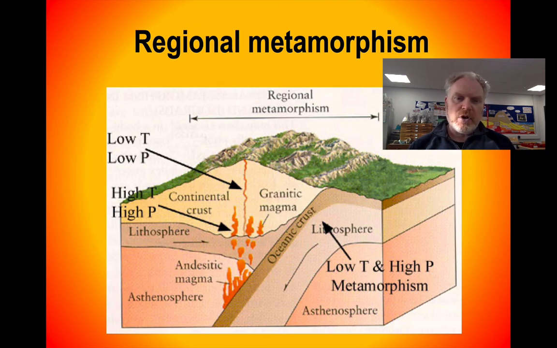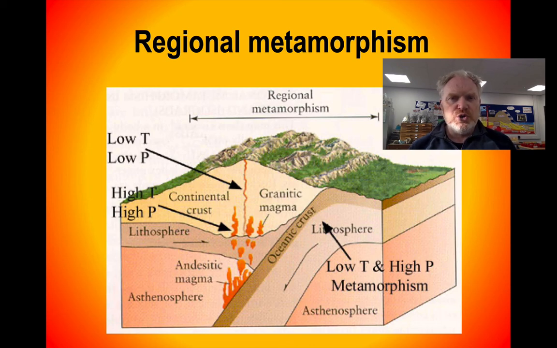The deeper that rock goes, the higher the temperature becomes, the higher the pressure becomes. And we'll see from that our progression as we go from slate through schist through gneiss. Each of those represents a different stage of metamorphism.